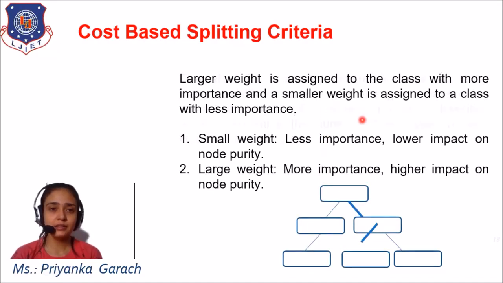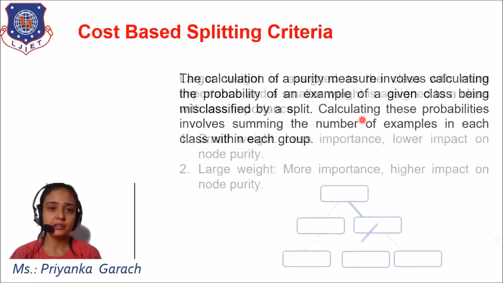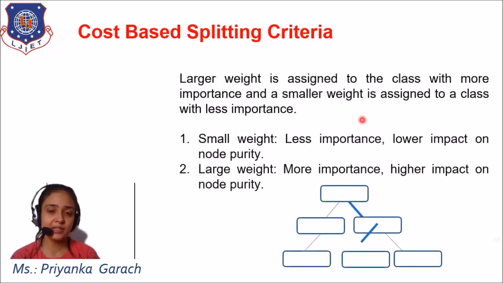Now next is the cost-based splitting criteria. The cost-based splitting criteria is part of the classification and regression tree. Here they are giving some weights to the nodes.